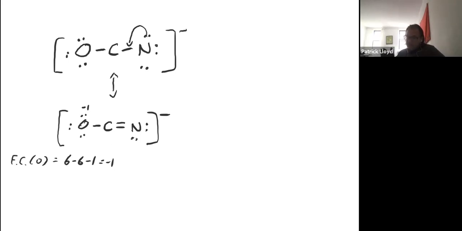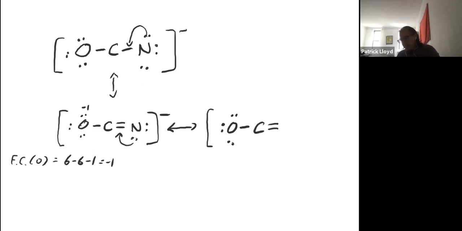The carbon needs 2 more. So do this. Push 1 pair over there. And this turns out to work. Triple bond. Hey, now let's do the formal charge for the nitrogen.